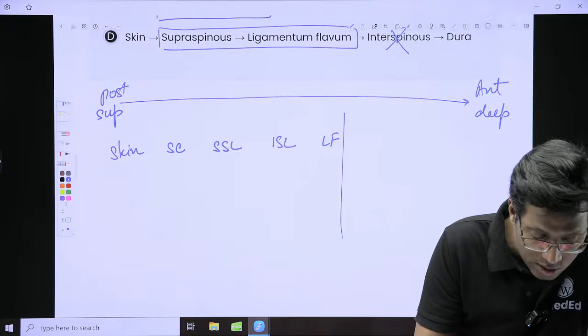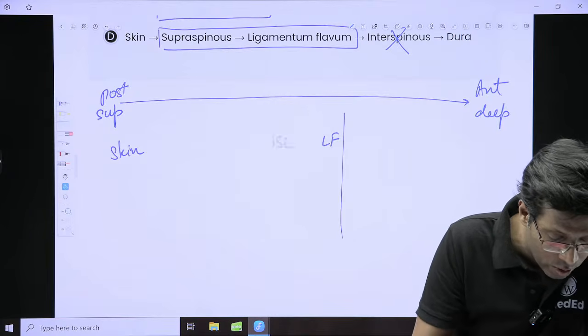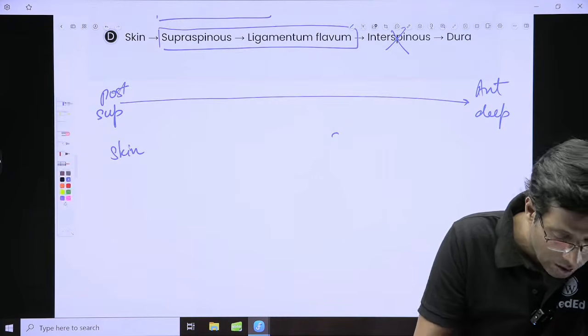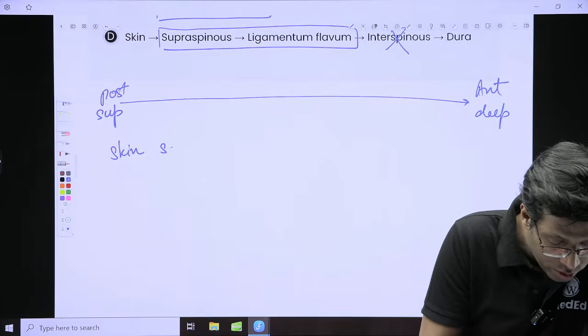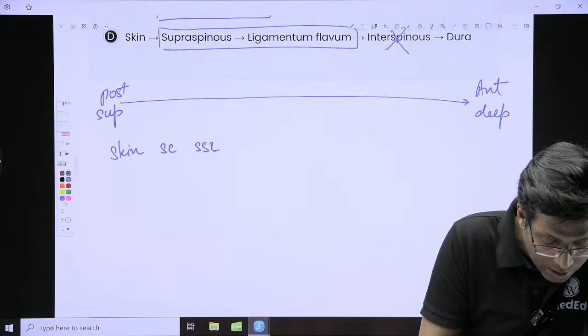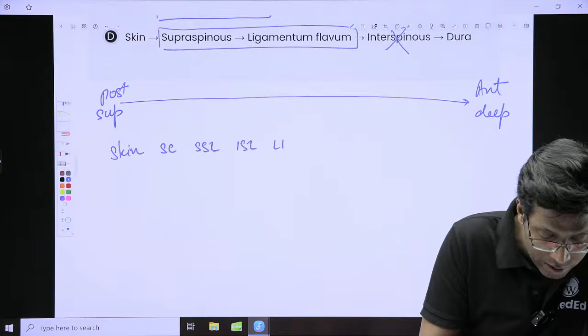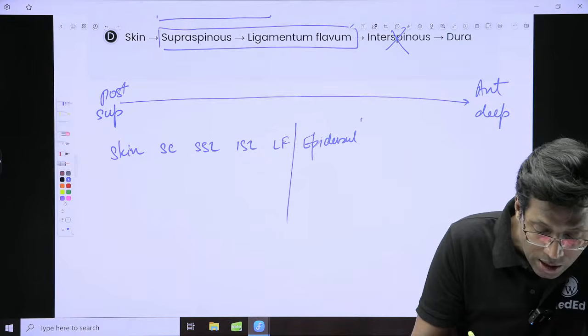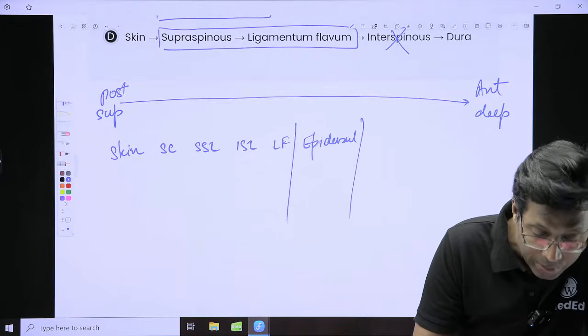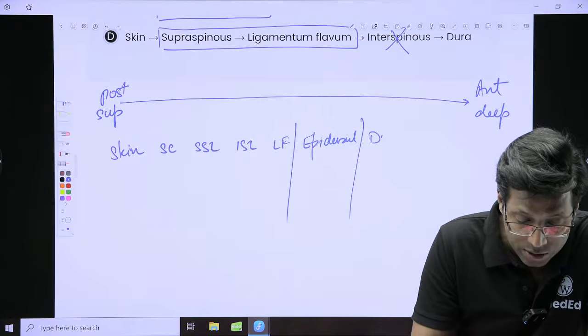As soon as you cross ligamentum flavum, we come to the epidural space. Epidural means outside the dura. So the next space is dura.